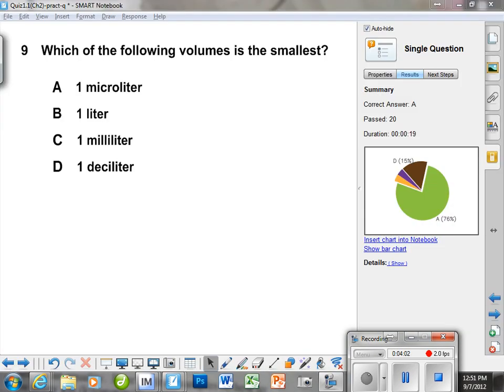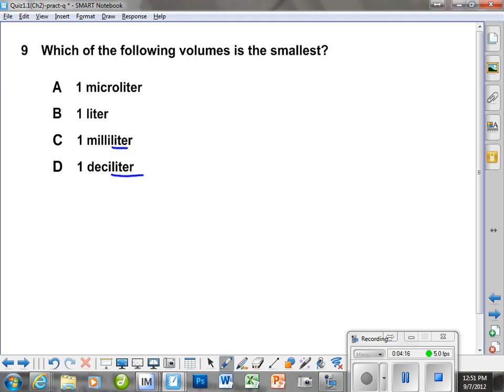Okay, the class has just answered letter A, 76% getting it correct. And which of the following volumes is the smallest? So they're all in liters. Notice that? All of these are in liters.